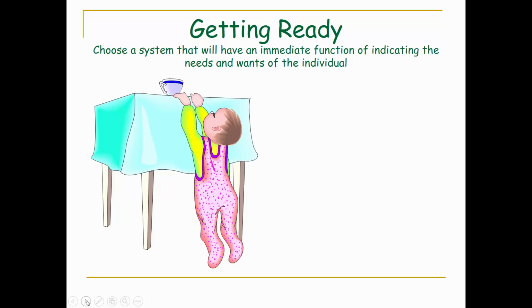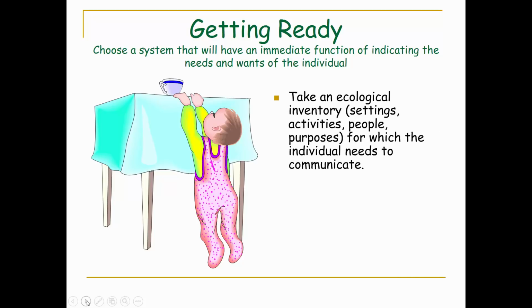She's reaching for it, and she obviously will need some assistance, so she needs to ask you. In this case, you want to figure out what it is that they want, and once you've figured that out, then you can start to design a system that will meet their needs and have an immediate reward.